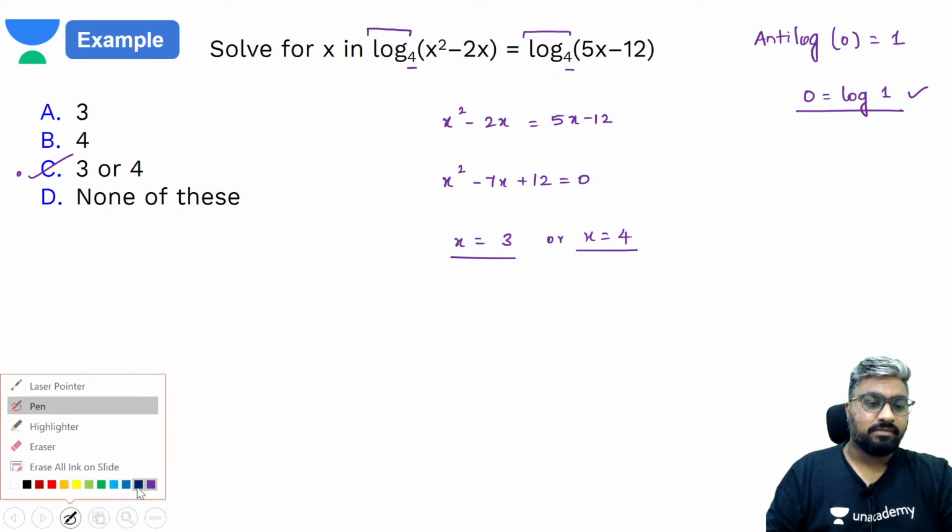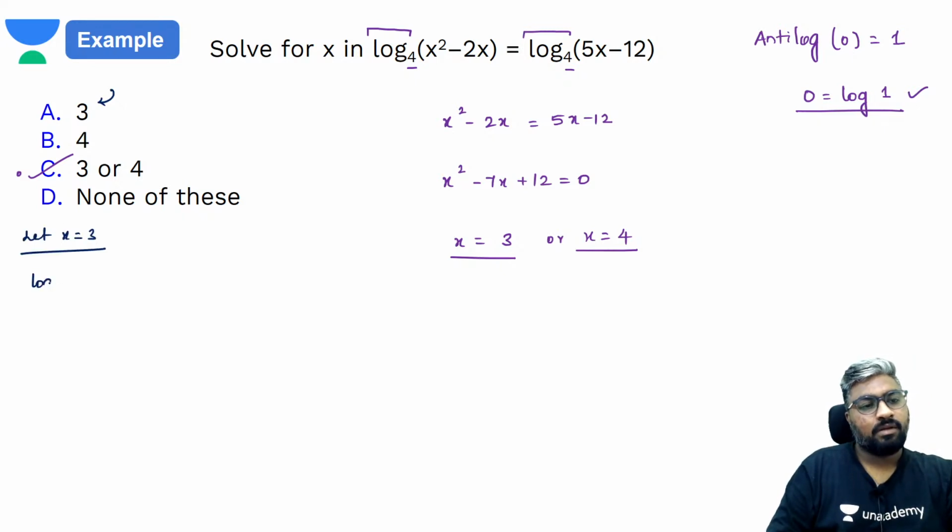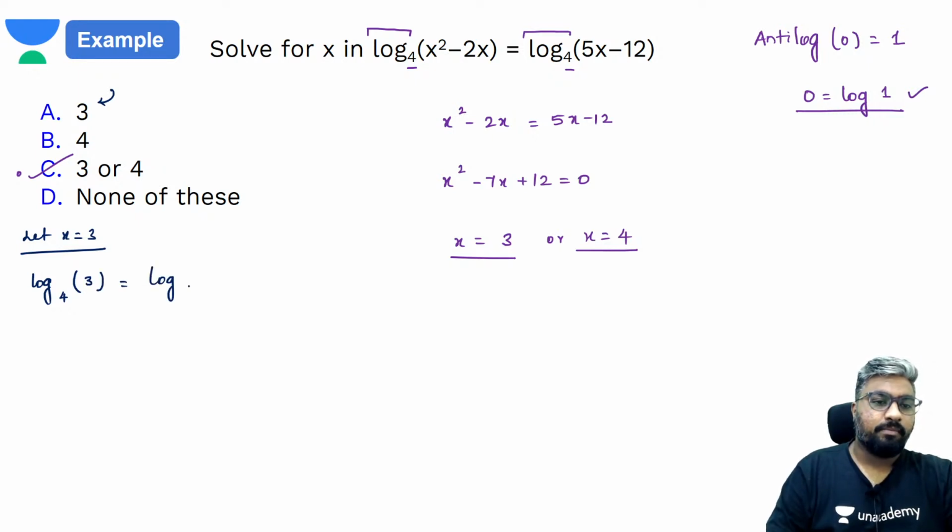Just as a verification, let's put 3. Let x be equal to 3. Log to the base 4 of x square, that is 3 square, 9, 9 minus 6 is 3, will be equal to log base 4 of 15 minus 12, which is 3. Satisfies.